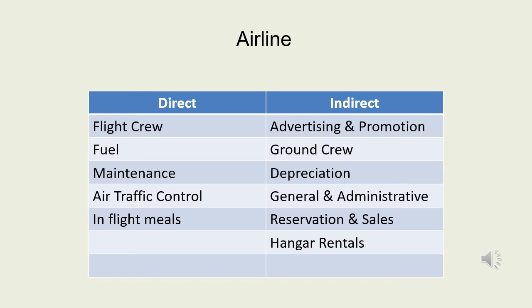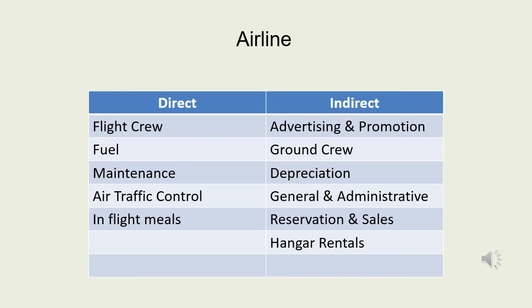Our general and administrative expenses, meaning the corporate office type of activities, the reservation and sales activities for that flight, and the specific hangar rentals. Usually, like in New Jersey, the Port Authority runs the airport, and the airlines pay rental fees to the Port Authority. Those are indirect costs because we can't say specifically that it costs this amount to operate that Newark to Miami flight.